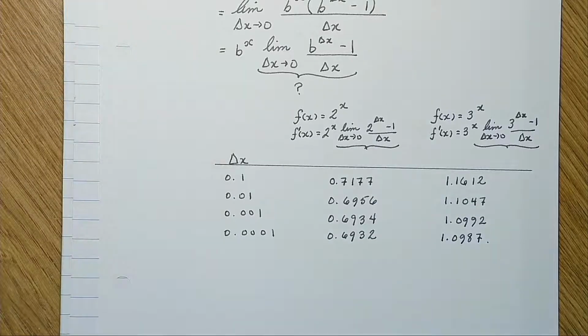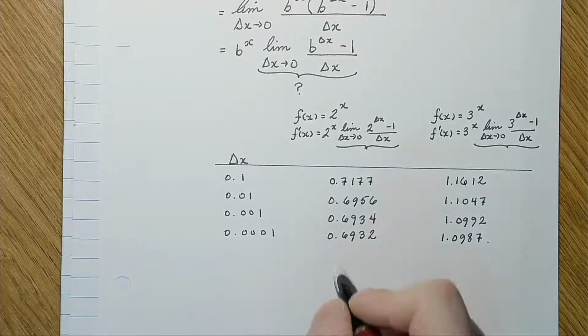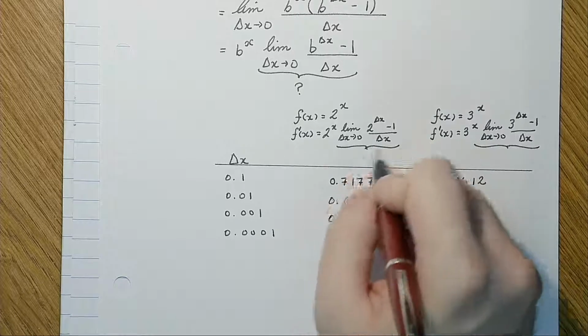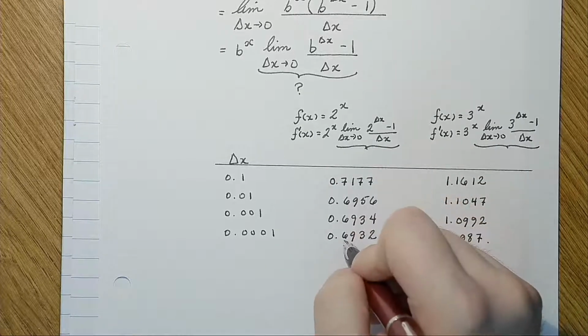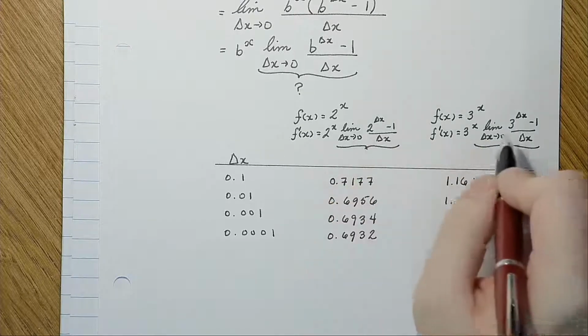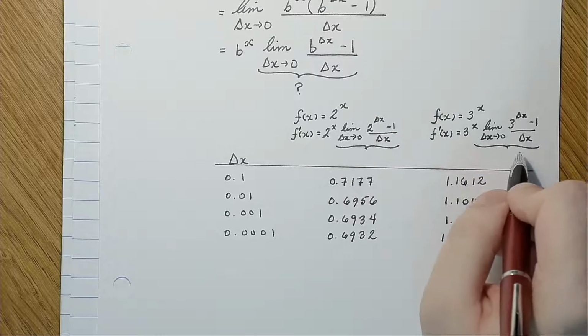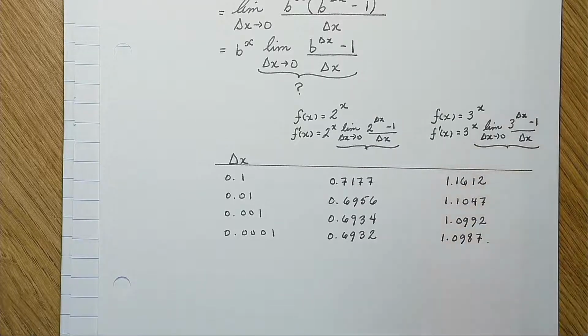Okay, so what we showed is that this is approximately 0.693 for this one right here, and over here this is approximately 1.098.